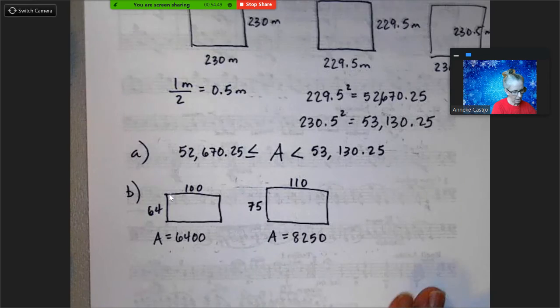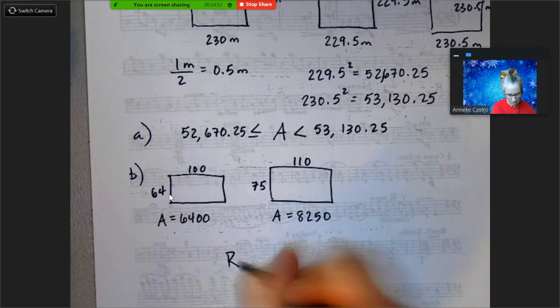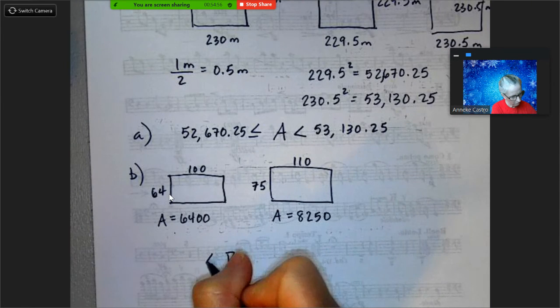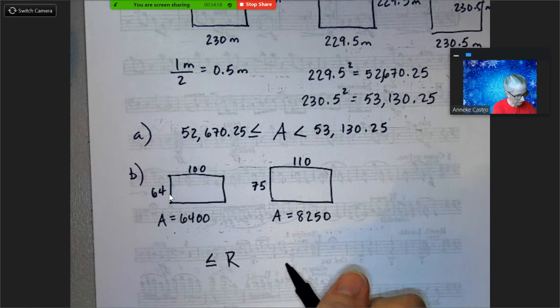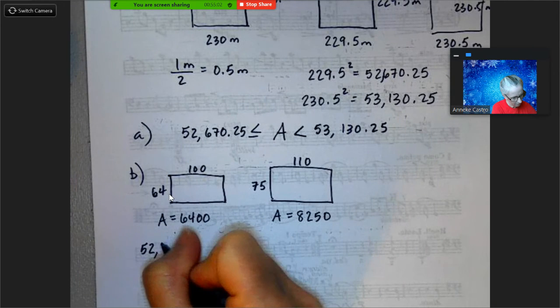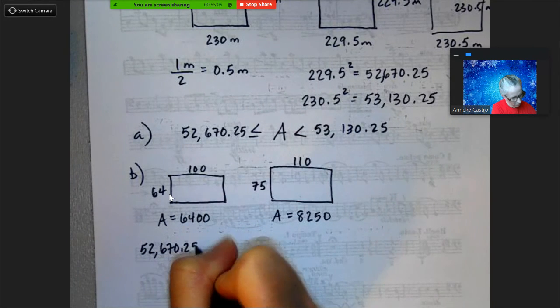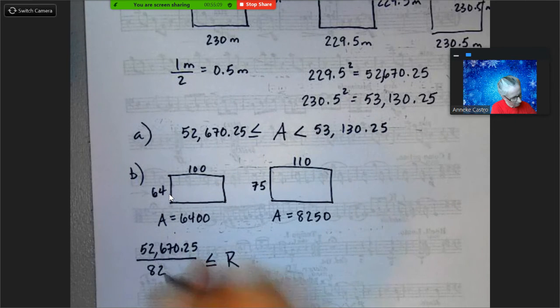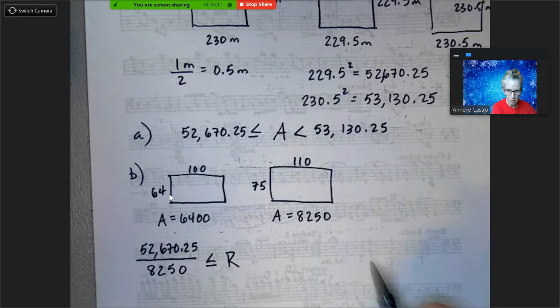The number of pitches is called R. That's the letter they give us. So when I set up the ratio, to get the smallest number, it's going to take the smallest area and divide it by the biggest area. That's going to get us the smallest number of pitches.